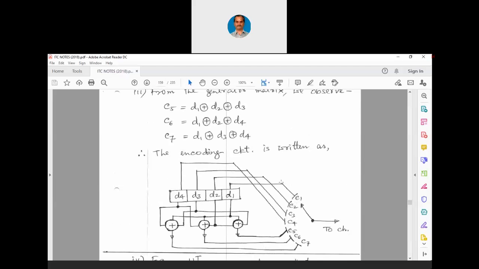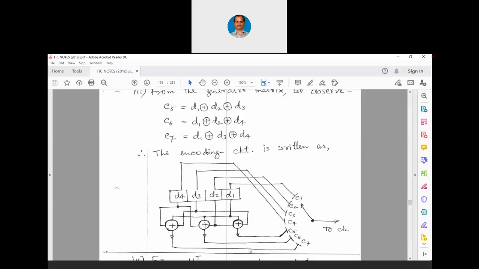Now, you can see C1 is same as D1, C2 is same as D2, C3 is same as D3, C4 is same as D4. Now, C5 is, you can see, D1, D2, D3, all three are connected to an XOR gate. C6 is now again D2 and D1 and then D4.